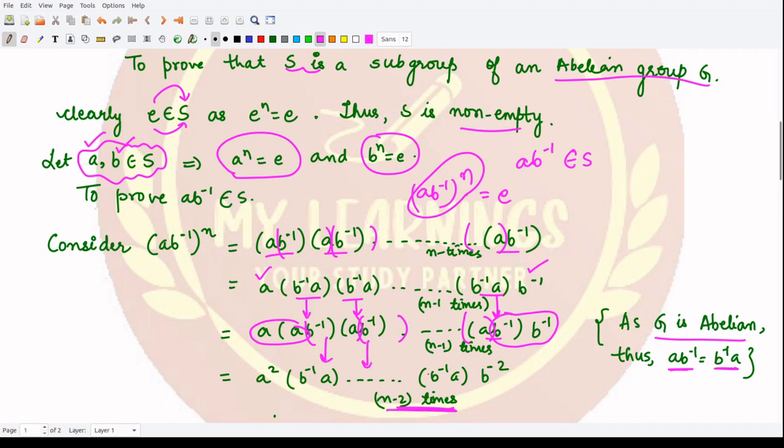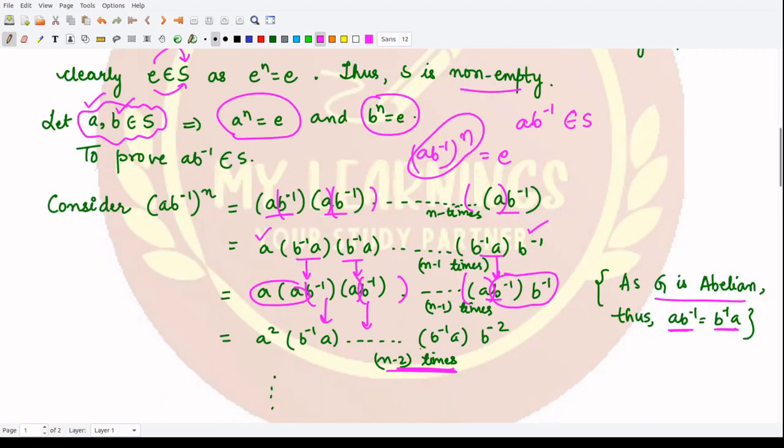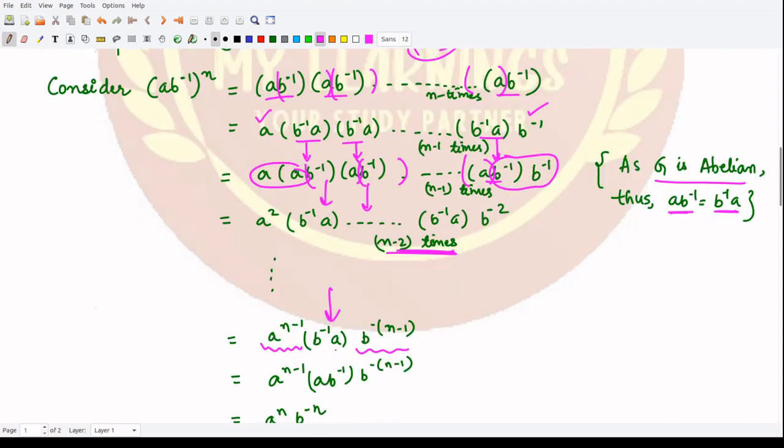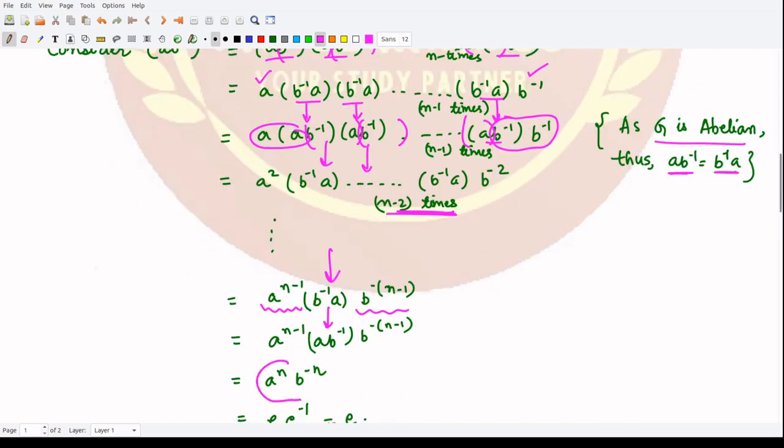You can continue like this, making use of the abelian property, until you reach a stage where you have A raised to power n minus 1 at the start, B raised to power minus (n minus 1) at the end, and in between just B inverse A, which by the commutative property you can again write like this. It becomes A raised to power n, B raised to power minus n, which you can write as A to the n times B to the n, all raised to power minus 1.